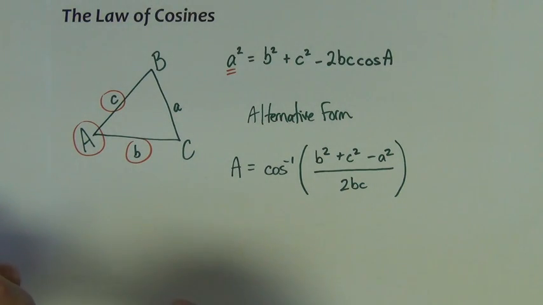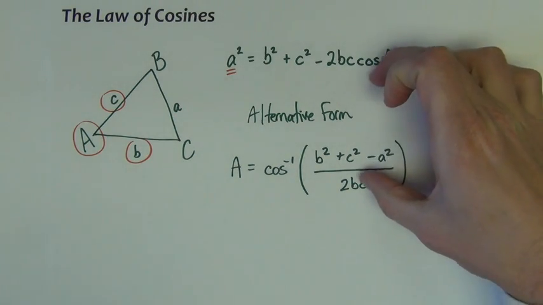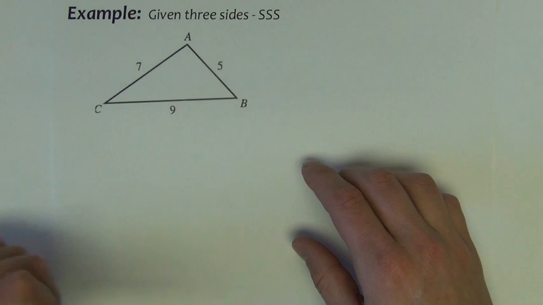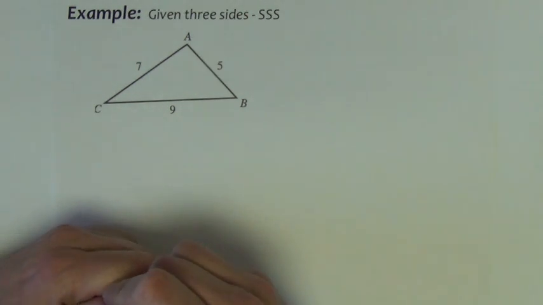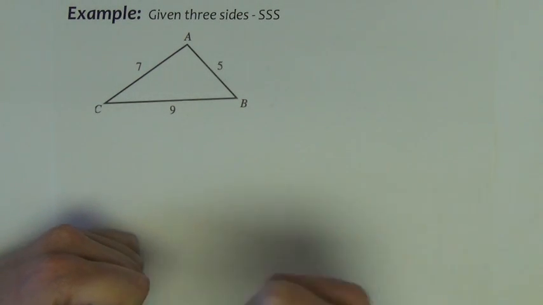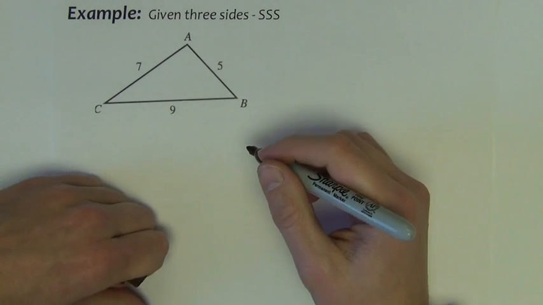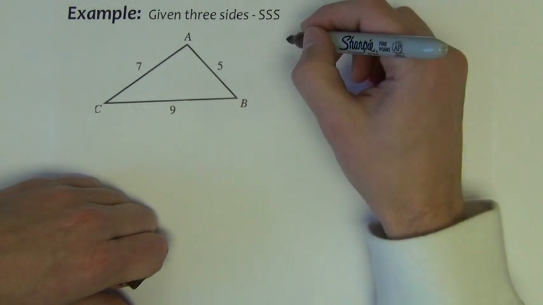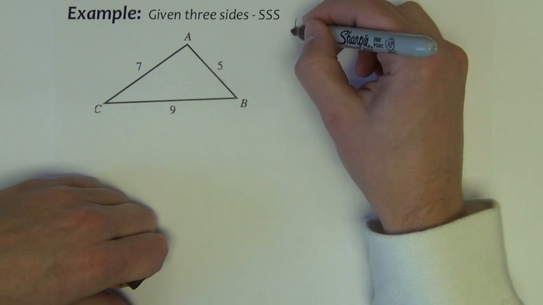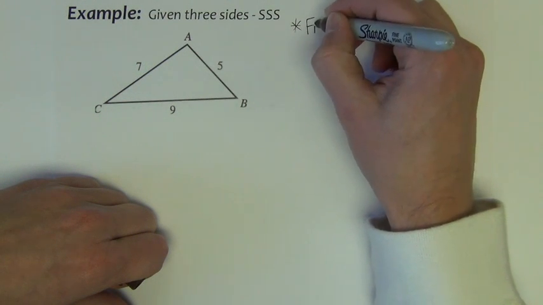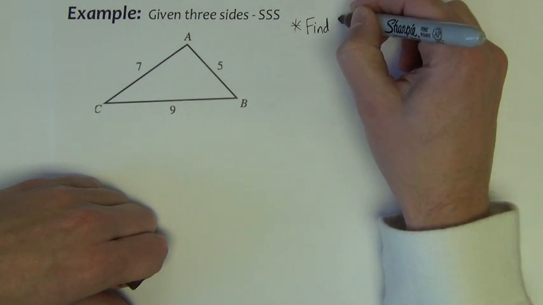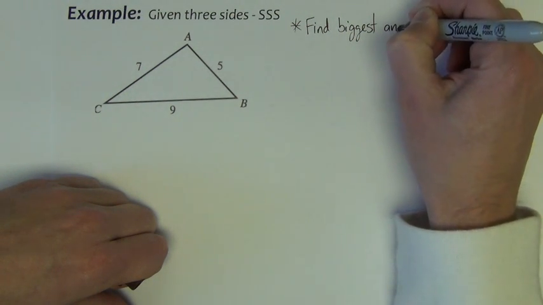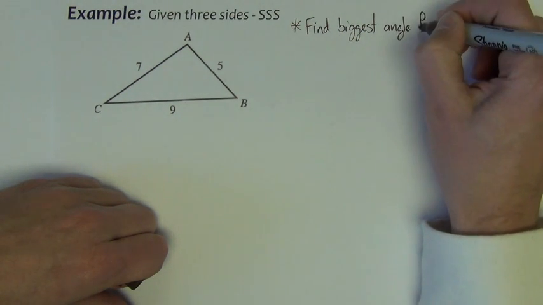All right, let's do a couple of problems utilizing the law of cosines. First example that we're going to look at is the side-side-side case. So we know all three sides of the triangle. In a situation like this, we need to find an angle first, and you always want to find, say, the biggest angle first.